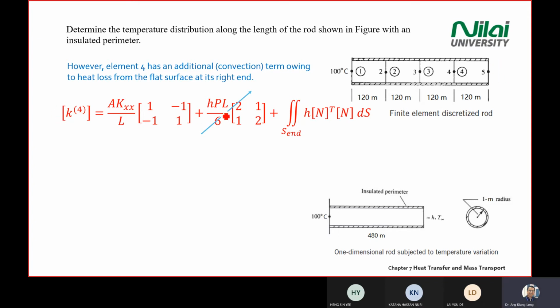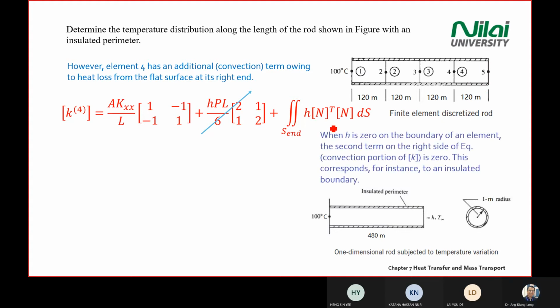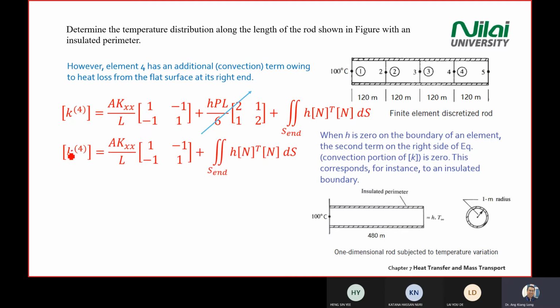So for element 4, you can only cancel the second term here because we don't have convection happen inside the rod. Okay, so there's a side note there. That's why we cancel the second one. So for element 4, you have two matrices. One is for conduction, and then one is the convection at the end.